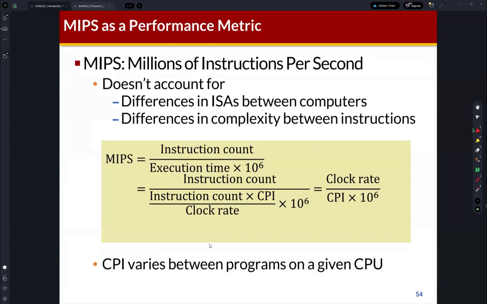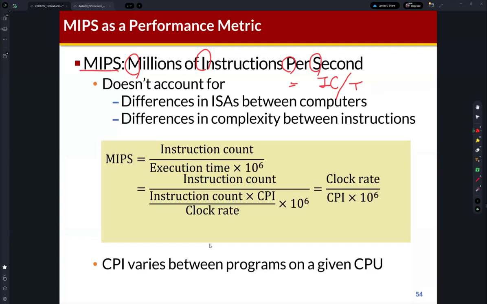Okay, and then we can use a different performance metric called MIPS. MIPS represents millions of instructions per second. So what does that mean? It's millions of instructions per second, so it is similar to the instruction count divided by time.